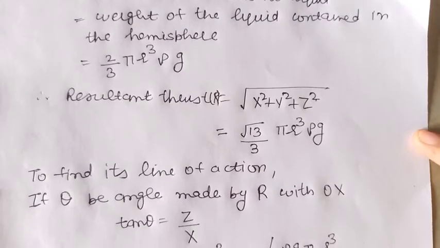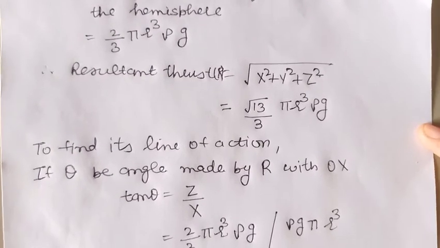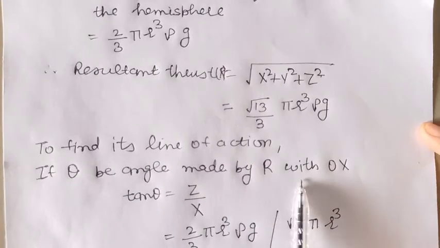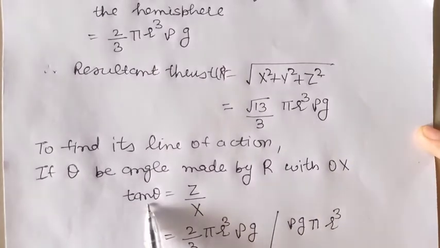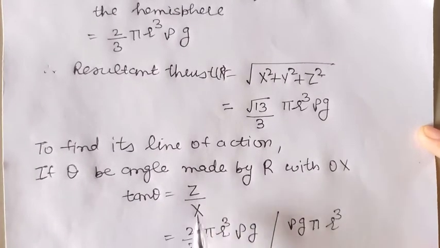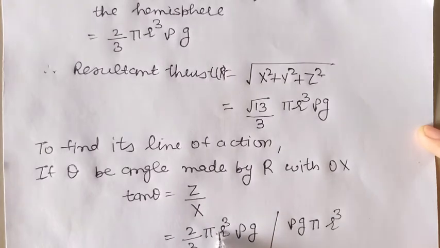Now it remains to find the line of action of the resultant. For this, let us take theta as the angle made by the resultant thrust with the OX direction. By definition, tangent theta is given by Z by X. Value of Z is 2 by 3 pi r cube rho g and X is rho g pi r cube.